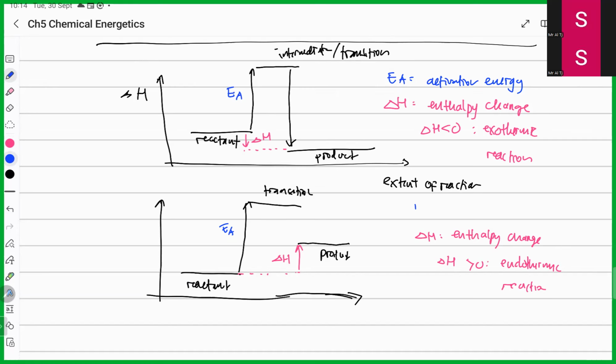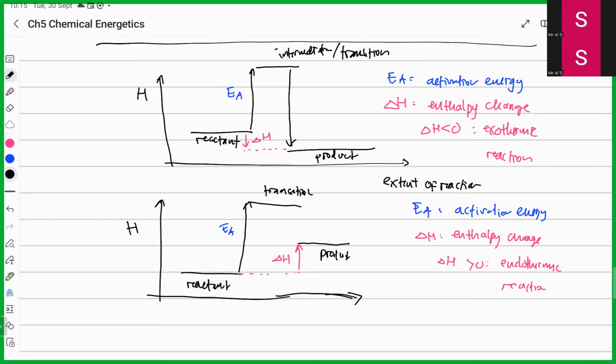Activation energy is always going up. Okay, so this is the reaction pathway diagram.